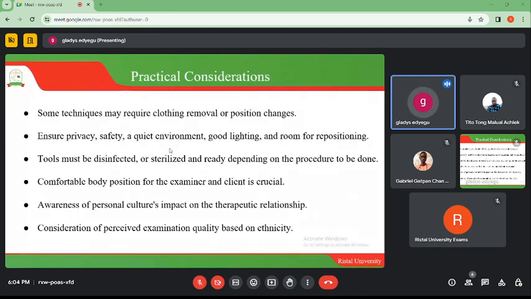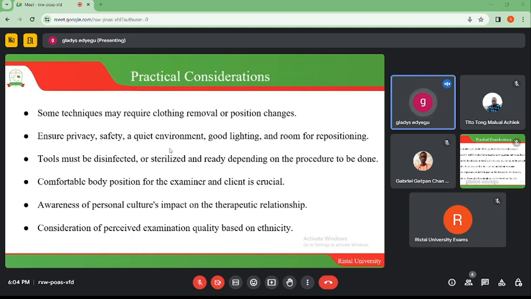Most of the instruments or the equipments that we use to insert on the patients, maybe when you're going to do a pelvic examination, vaginal examinations, you're going to use a spatula, or you're going to use either a sponge holding forceps, that is mostly in obstetric and gyne. So those equipments or those tools must be disinfected or must be sterilized before you insert them to the patient.